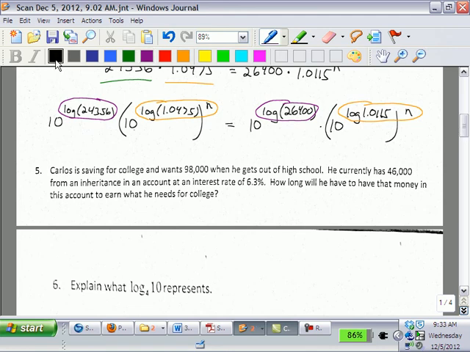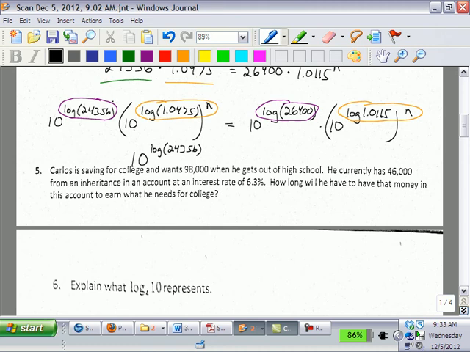So the left-hand side can be written as 10 to the what? Now what?